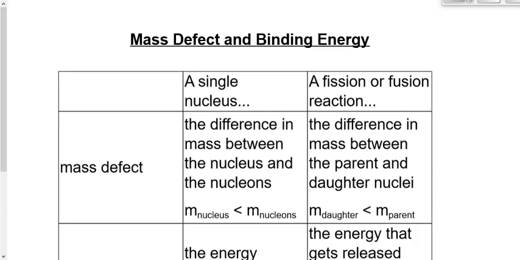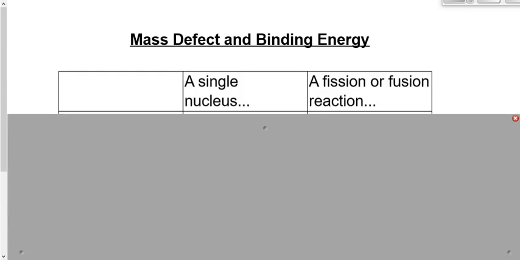I want to define a couple of terms here. And I want to define them in two different ways. Mass defect and binding energy. Both in the context of a single nucleus and in the context of a reaction that takes place.